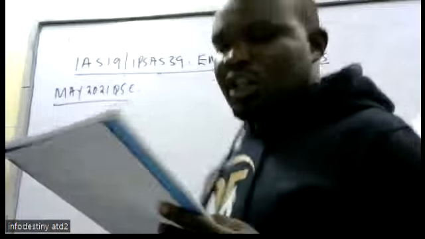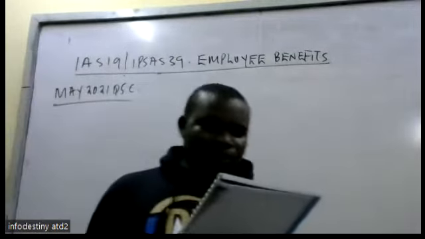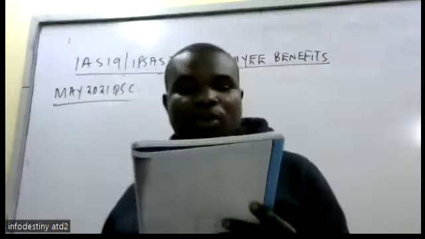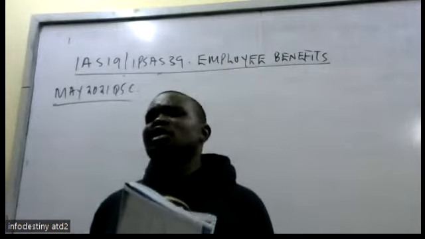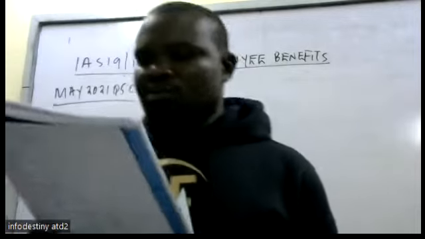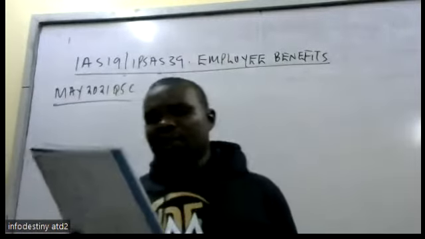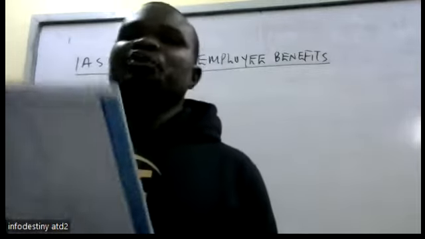But IAS 19 requires that the remeasurement component, the gain or loss, should be recognized as other comprehensive income during the financial period under consideration. In case they ask, note that defined benefit plan assets should always be measured at fair value, while defined benefit liability should be measured at present value.